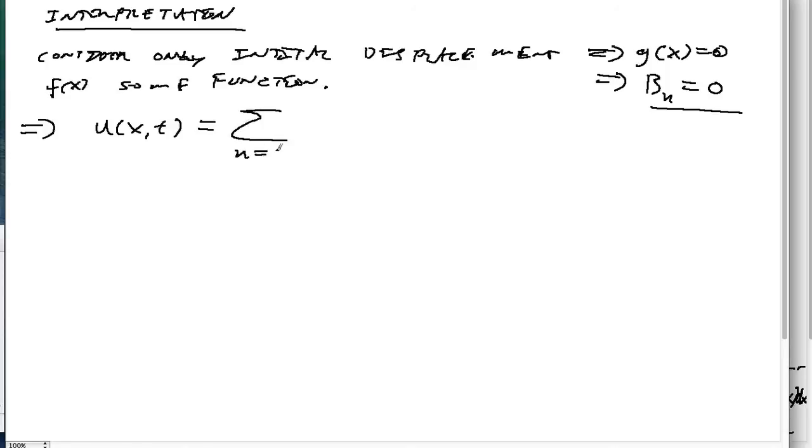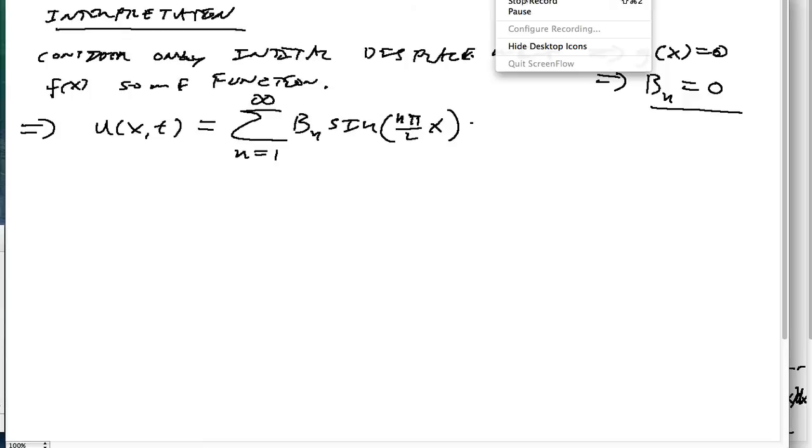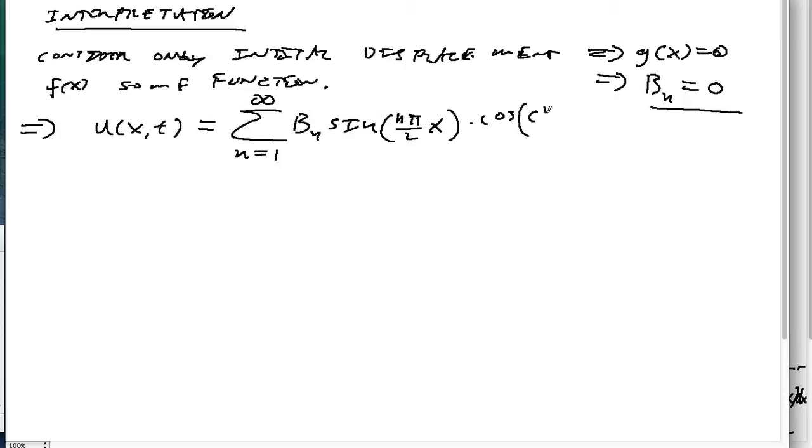It's just going to be the sum n equals 1 to infinity of bn times sine n pi over L times x, times cosine c n pi over L times t. Okay, so that's our simplified case.